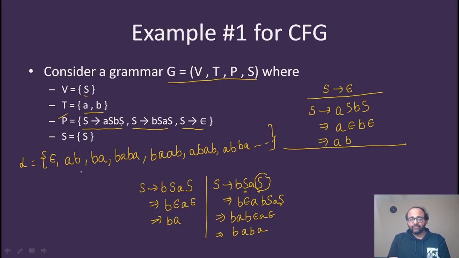A's can appear before b's and also after b's. So it is generating the set of all possible strings over the terminals a, b containing an equal number of a's and b's. This is how we can generate the language from the given grammar.